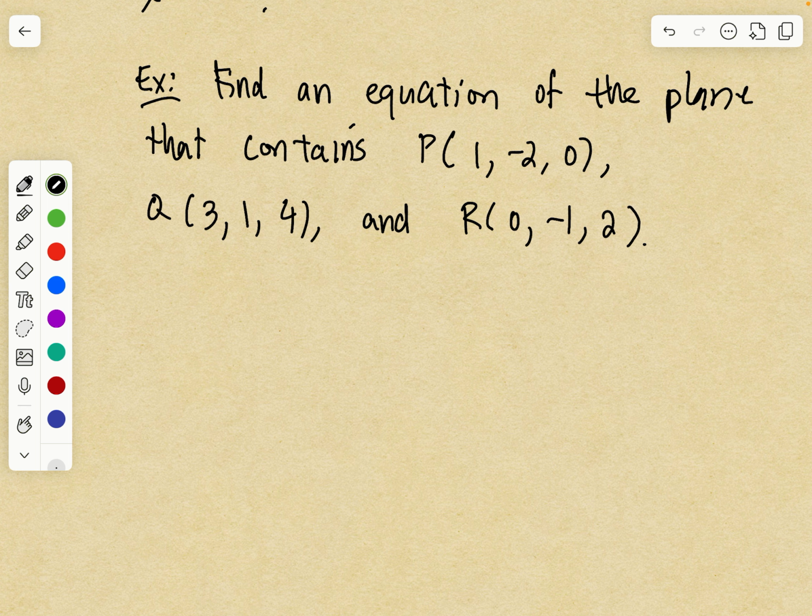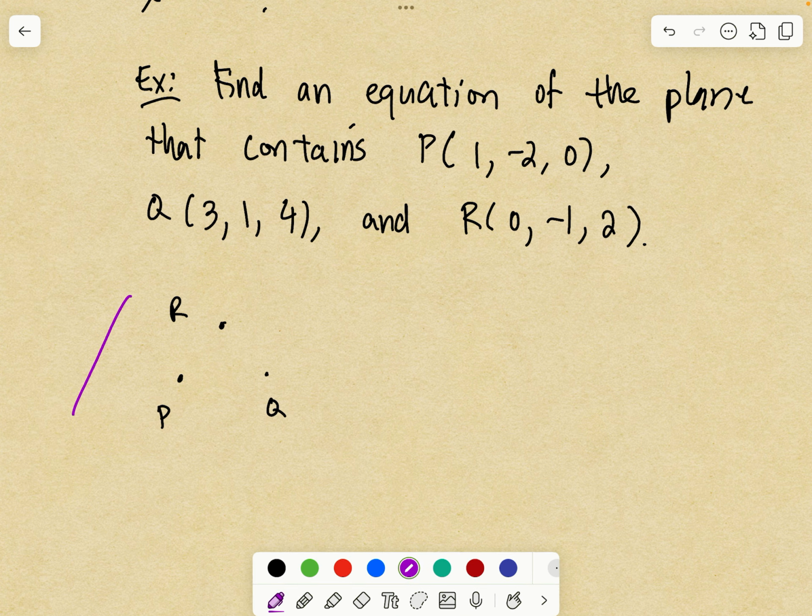So let me draw my little generic picture. Here's P, Q, and R. I have these 3 points, and I'm trying to find the equation of the plane that contains these 3 points.